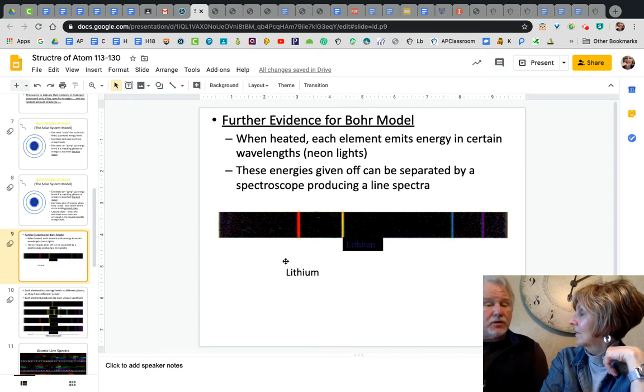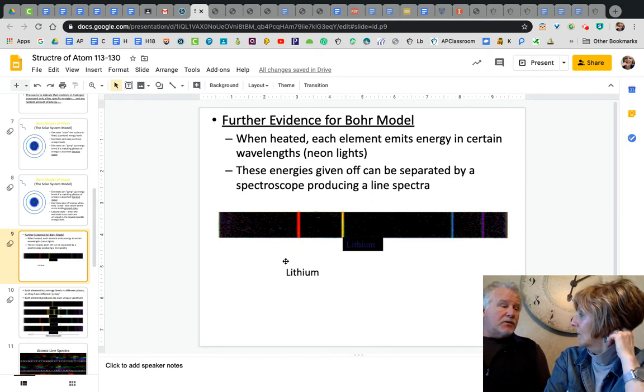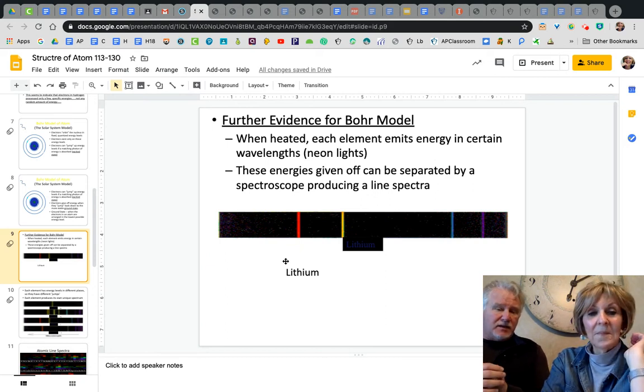So when you do the neon light, you're running a current through there, which those atoms are then absorbing that energy. A lot of times it's in the form of heat. Sometimes it's in the form of actual electrical signals. And so the energy is absorbed and then it gets emitted in these specific patterns.